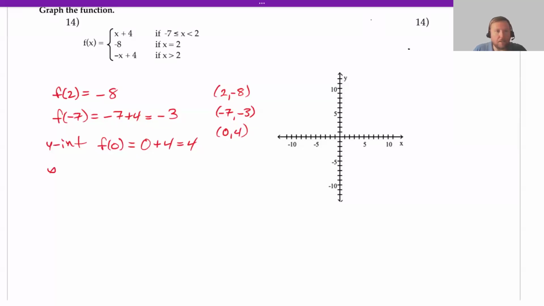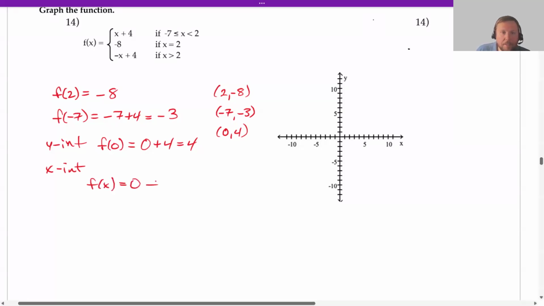We can look for x-intercepts. We have to be careful and make sure that any solutions we find actually live in the corresponding piece where we found them. With a piecewise function, you're still setting f of x equal to 0, but what you're doing is setting each individual piece equal to 0. So you have to set x plus 4 equal to 0.